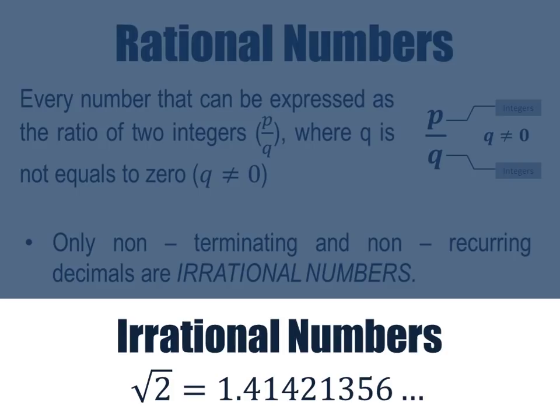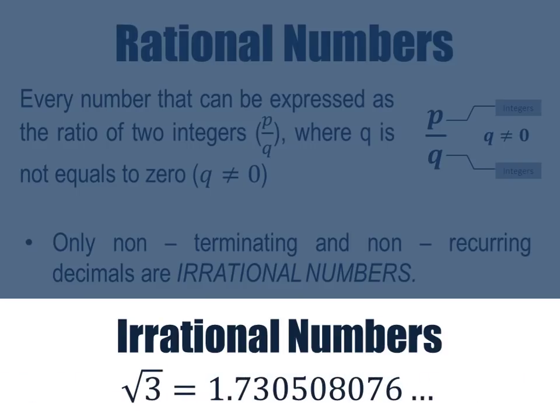You can see this decimal is not terminating, and even there is no pattern of occurrence. So this is an irrational number. Next, we have square root of 3. We also here have non-terminating and non-recurring decimals, so this is also an irrational number.